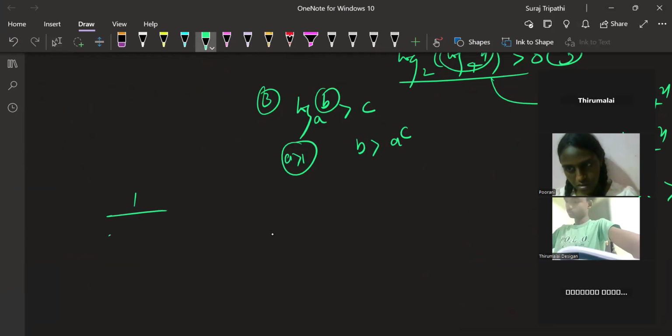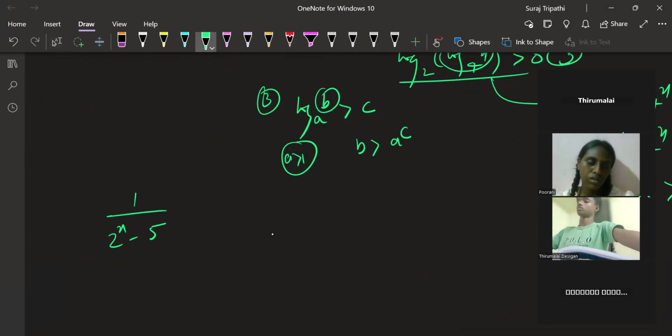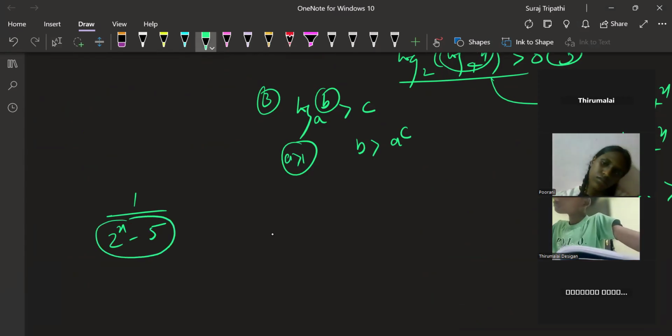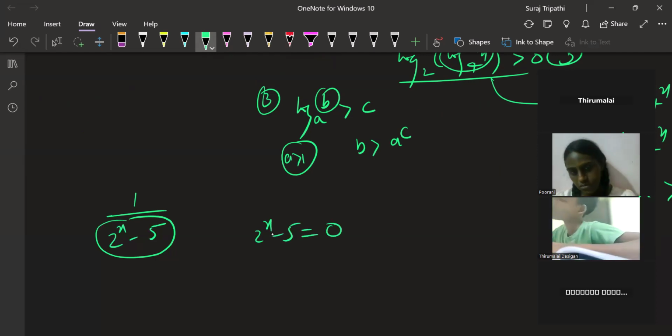The question is 1 upon 2 raised to power x minus 5. This function is undefined when this expression is 0. That means 2 to the power x minus 5 should be equal to 0. Why? If 2 to the power x minus 5 is equal to 0, then this expression will be undefined. So we can write 2 raised to power x equals 5.